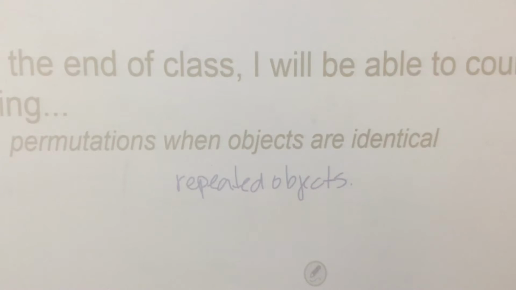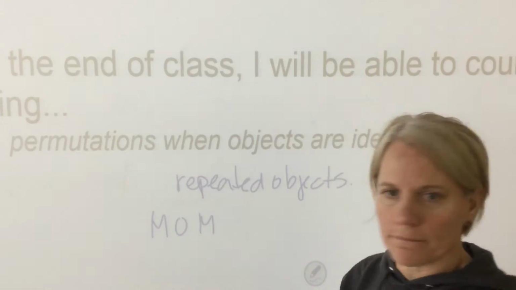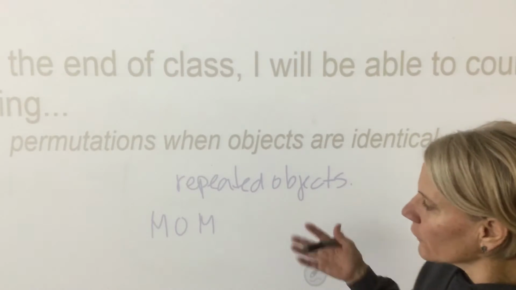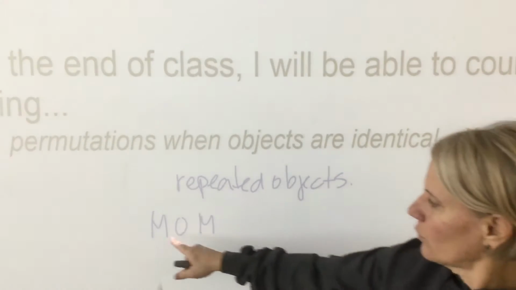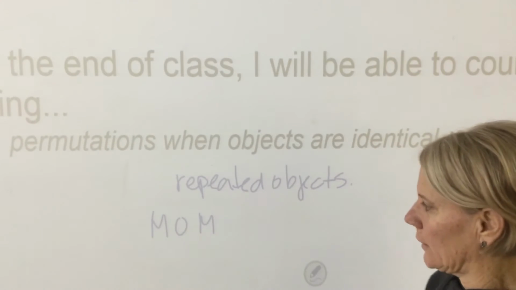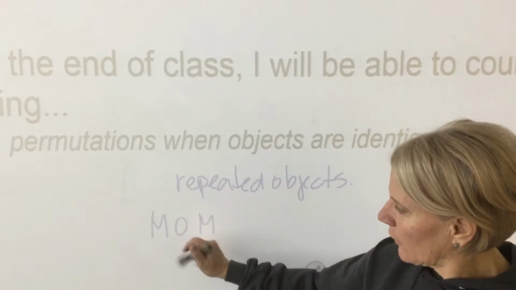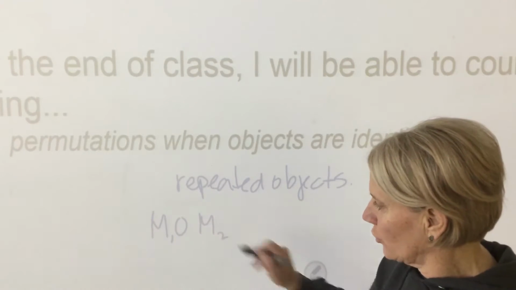So the big idea again is, say for example, we take the word mom, and we want to count all the arrangements of the word mom. The M and M, in this case, are identical or repeated. If I put a numbering to the M's, they have M1 and M2.